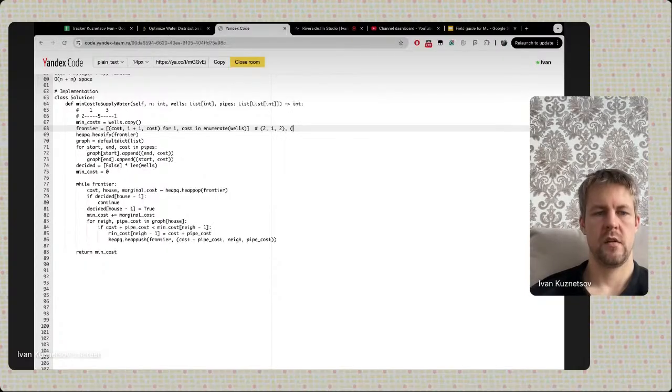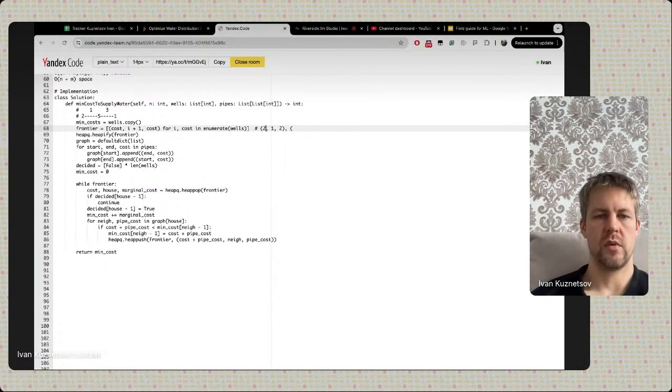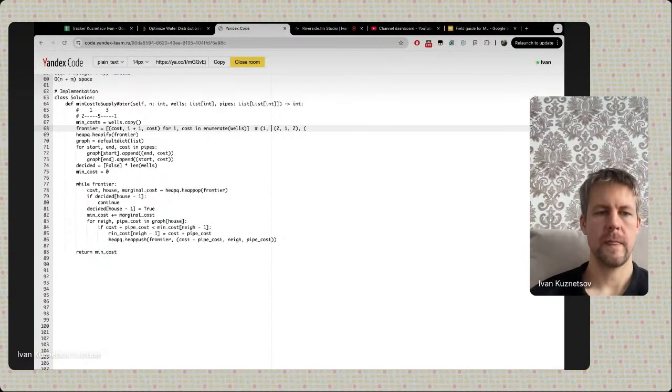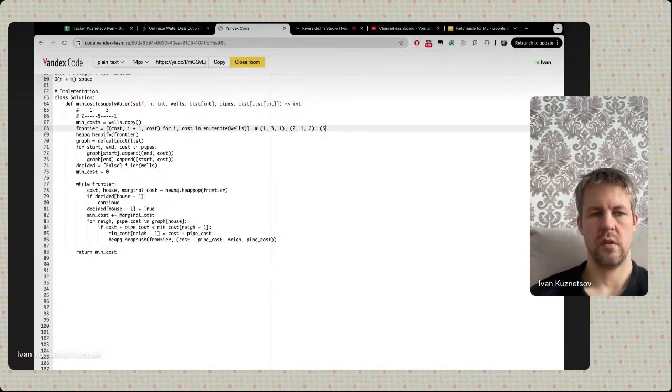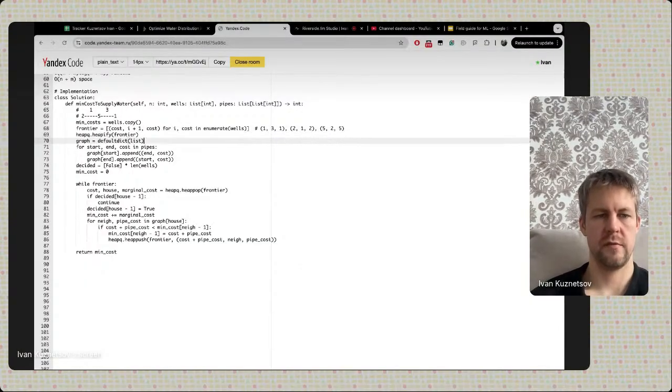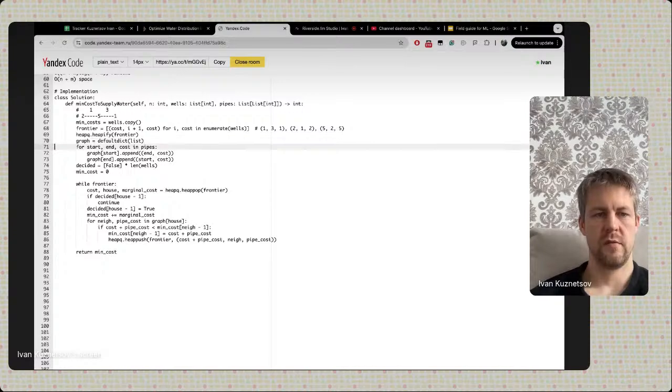Then actually we start with cost of 1 to build to the third house and the marginal cost of 1, and there will be cost of 5 to build to the second with a marginal cost of 5. So it's heapified.